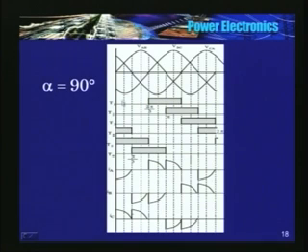Now, if you see at the zero crossing of omega t, a trigger pulse exists for T4 and T5, and VCA is positive. Can they conduct?